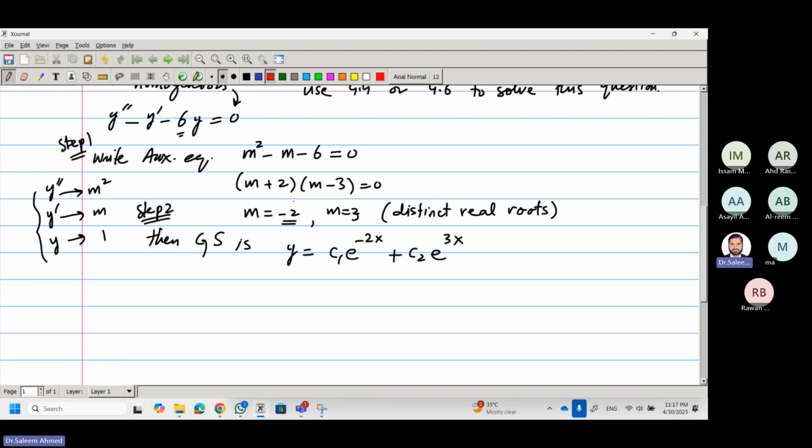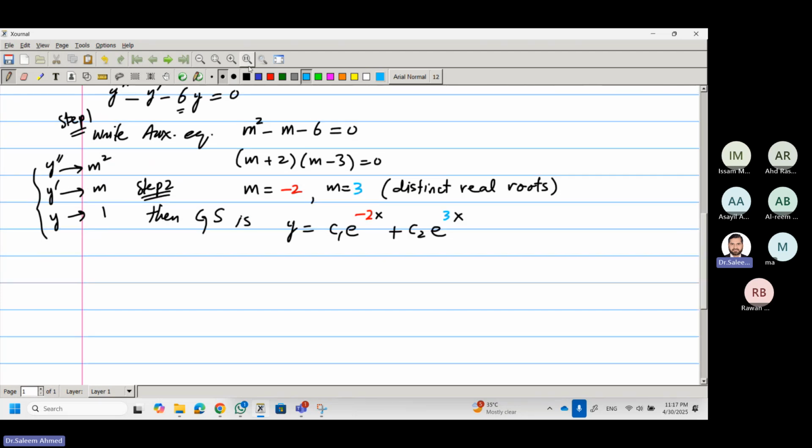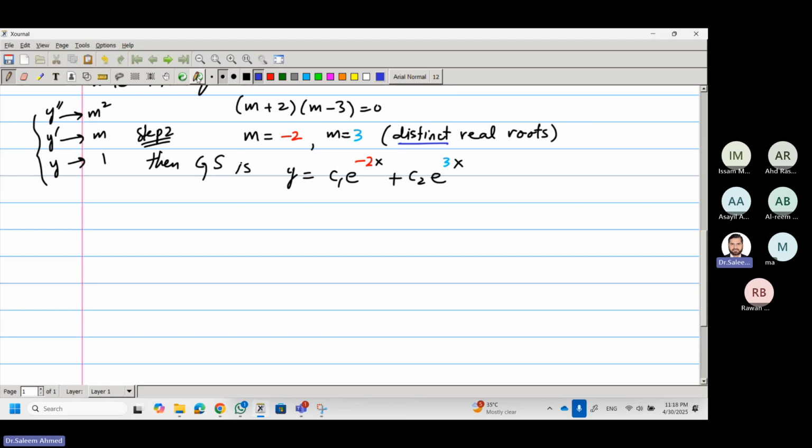So if you have distinct real roots, c1 e to the power first m value into x, c2 e to the power second m value into x. It's very easy.